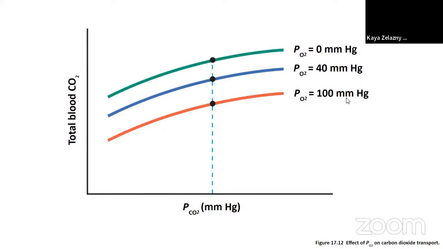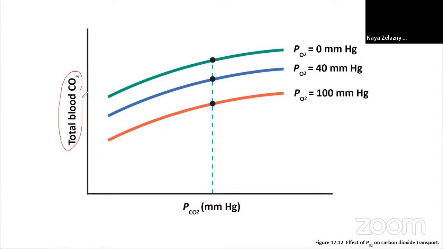So when we're looking at the relationship between carbon dioxide and partial pressure of carbon dioxide, the total amount is here on the y-axis, and then our partial pressure is here on the x-axis. So taking any one of these curves, we could see that as our partial pressure of carbon dioxide goes up, so does our total blood carbon dioxide, right?